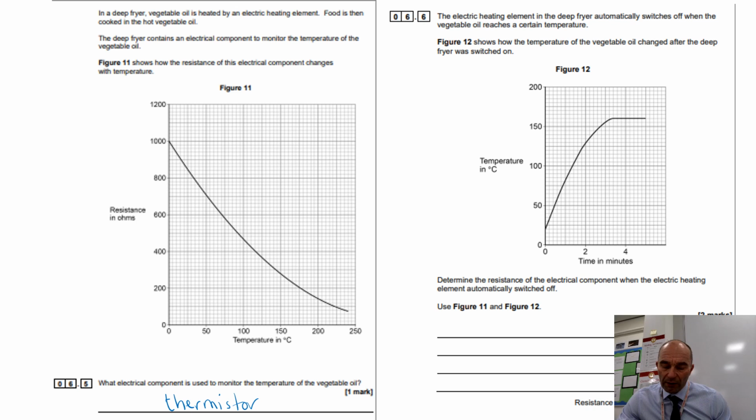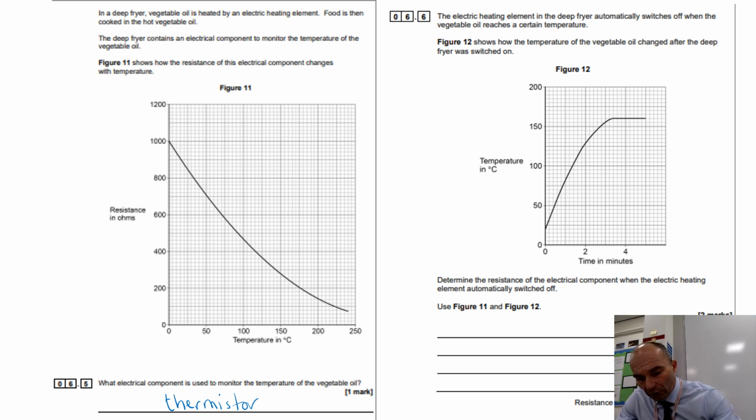And then 6.6, our electric heating element in the deep fryer automatically switches off when the vegetable oil reaches a certain temperature. Graph figure 12 shows us how the temperature of the vegetable oil changed after the deep fryer was switched on. We need to determine the resistance of the electrical component when the electric heating element is automatically switched off.